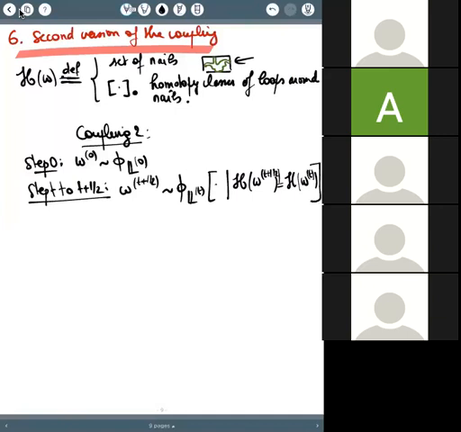Basically, I take omega t and I just resample a new independent configuration, just conditioned on having the same set of nails and the same homotopy classes for the loops. This resampling is going to give me a lot of independence in my new step, but still keeping track of the relevant information if you want. And then from step t plus 1/2 to step t plus 1, I'm going to simply define omega t plus 1 to be the image by the t transformation of omega t plus 1/2.